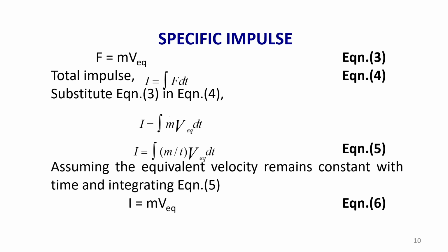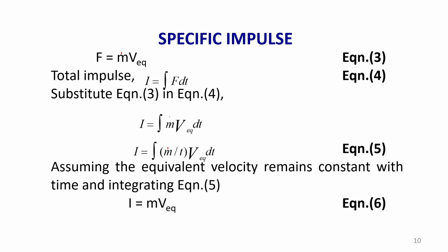Here again this is m dot, this is also m dot, m dot by t. This is assuming that, let me repeat it again, I am substituting equation 3 in 4. So, I equal to, instead of F I have got m dot into V equivalent into dt.